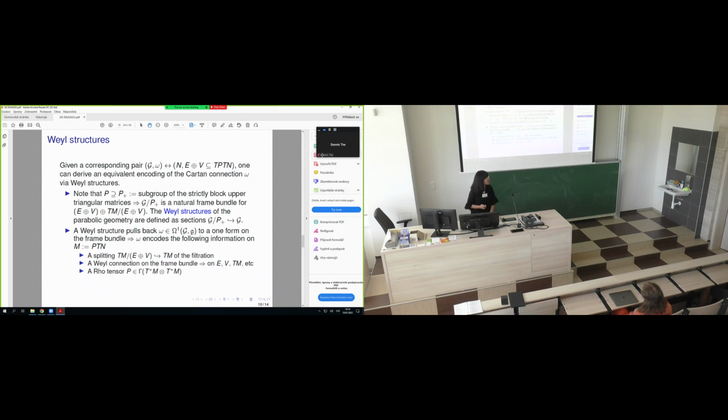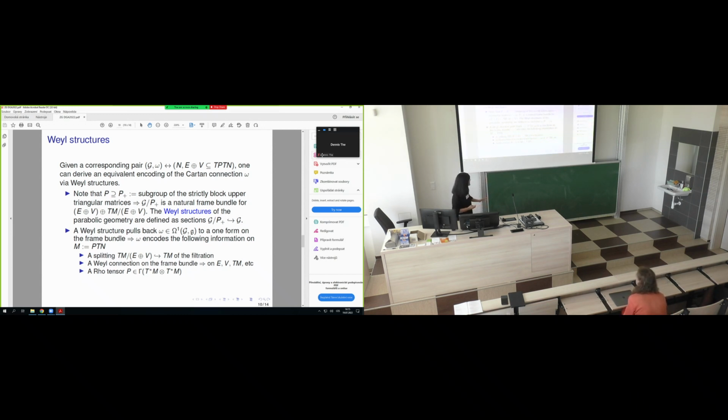This is done by taking the parabolic bundle and quotienting it by P plus, where P plus is the strictly block upper subgroup of P. And then the resulting quotient principal bundle is a frame bundle of this vector bundle or the associated graded bundle. And then a Weyl structure is when you take a lift, sections of such a projection.